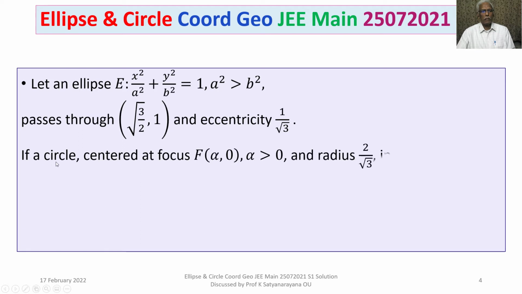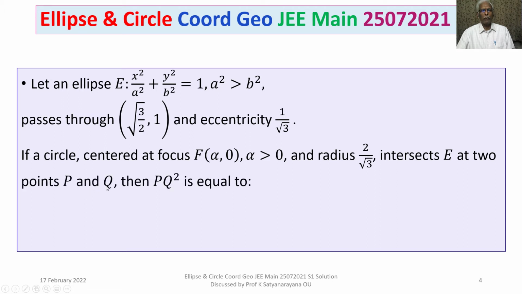If a circle centered at focus F, whose coordinates are alpha, 0, where alpha greater than 0, and radius 2 by root 3 intersects the ellipse E at 2 points P and Q, then PQ square is equal to, we are given 4 options.